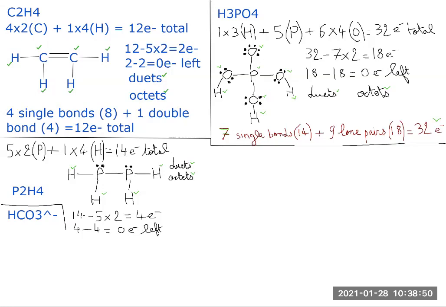So let's verify that we do have 14 electrons in total. So we have 1, 2, 3, 4, 5 single bonds. 5 single bonds times 2 electrons each, that's 10 electrons. Plus, we have 2 lone pairs.